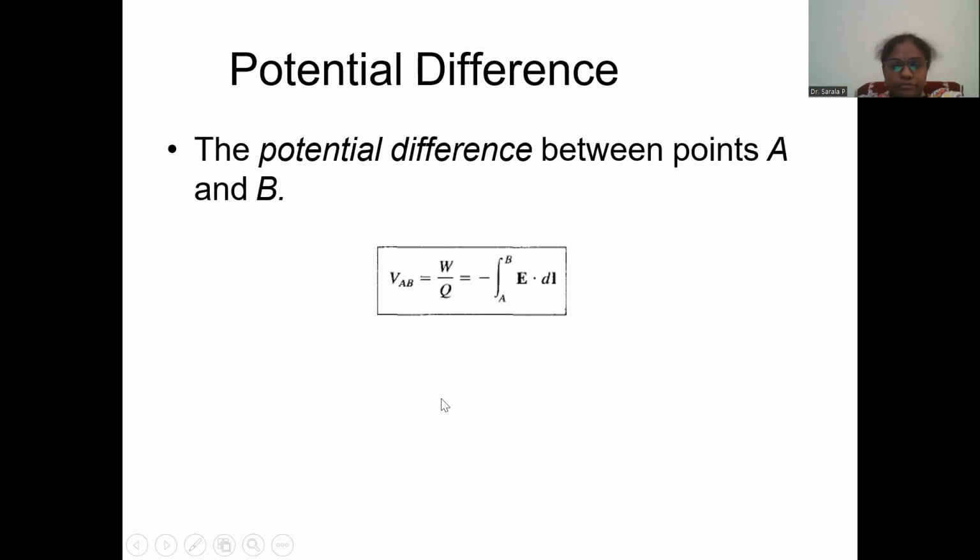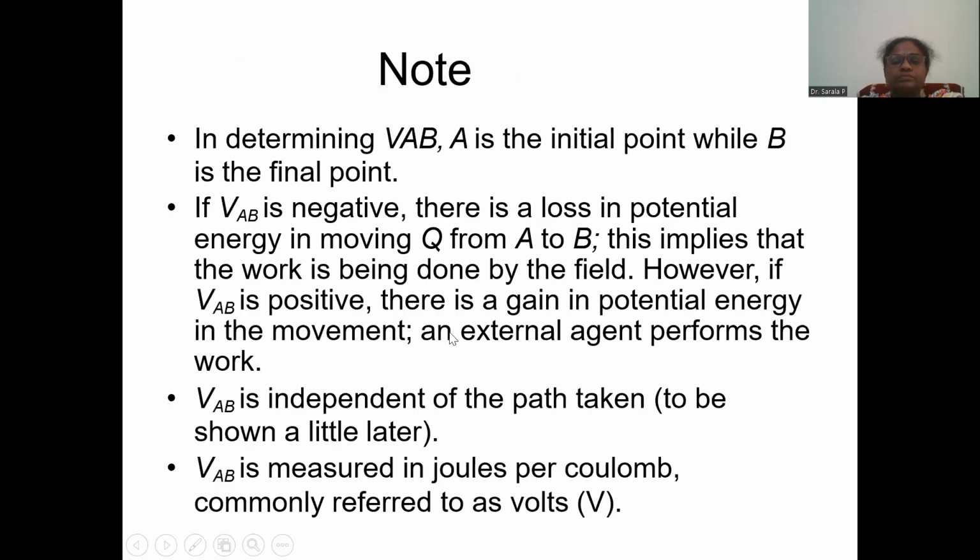The potential difference between A and B is the total work done per charge Q: VAB = -∫ from A to B of E·dL. This is the total potential difference between A and B.